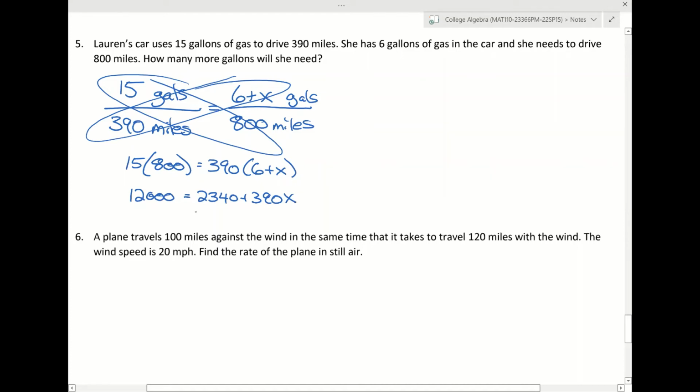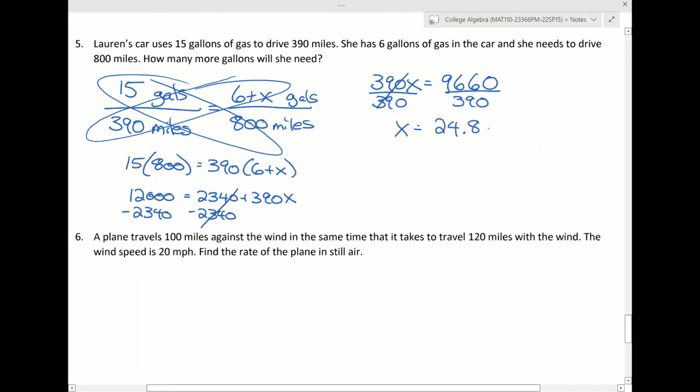Using some basic algebra, 390X is equal to 12,000 minus 2340, which is 9660. Divided by 390 means she needs to get 24.8 more gallons.